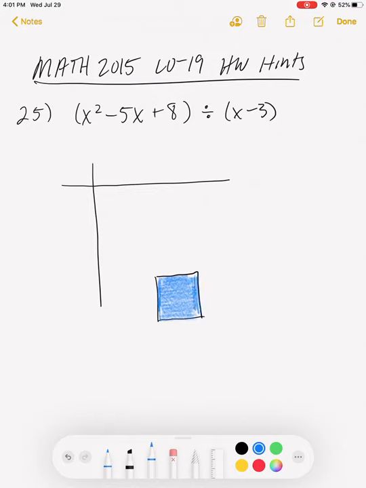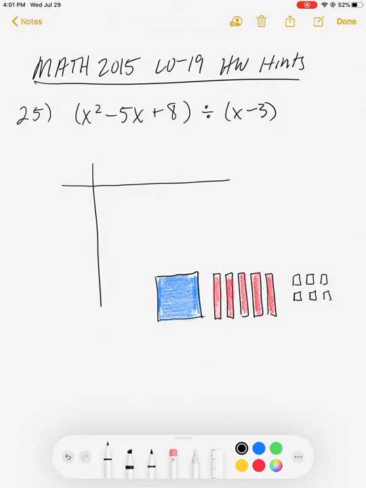We have negative 5x, which is negative 5 of these here, 2, 3, 4, 5, and those are going to be red because they're negative. And we have positive 8, which means 8 yellow squares.